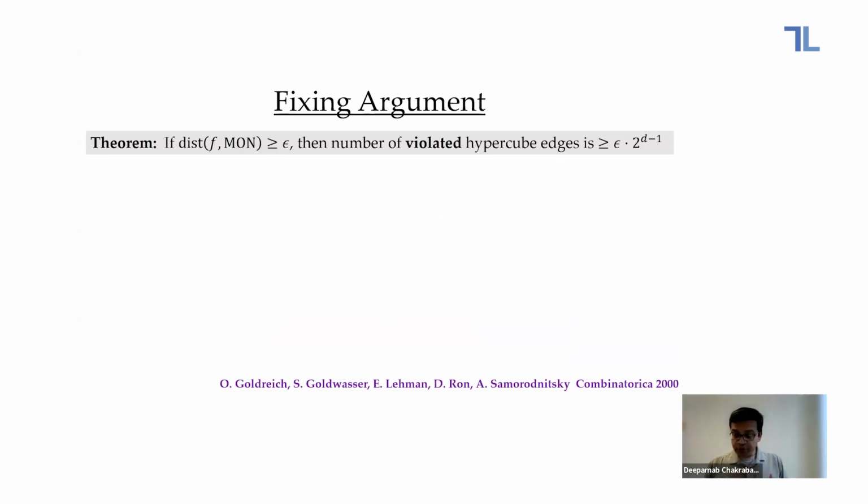The proof is going to be via this fixing argument that I had alluded to earlier. I'm going to start with my function f, and I'm going to describe a procedure which will first construct a function f1, then f2, and so on up to fd. And the property will be the following. When I go from f to f1, across dimension 1, so I name the dimensions 1 to d, f1 will have no violations across that dimension.